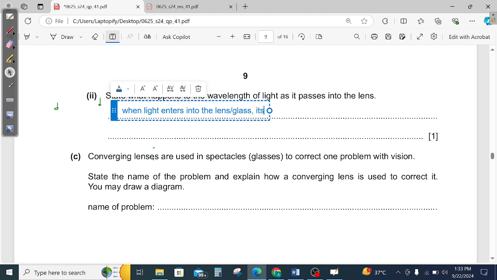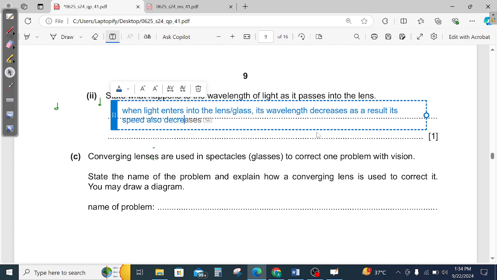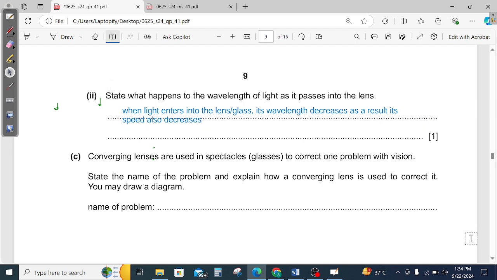Its wavelength decreases, as a result its speed also decreases. Okay, this is your complete answer.